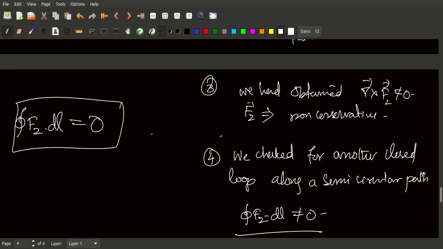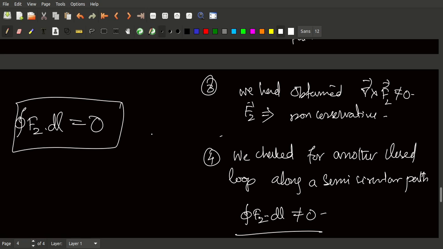But when you did that for the semicircular path, that symmetry did not happen. Even though the semicircular path has a symmetry along the y-axis, it doesn't have any symmetrical change along the x-axis. This field required that to vanish, which is not happening. That's why for the semicircular path you did not get it equal to 0.